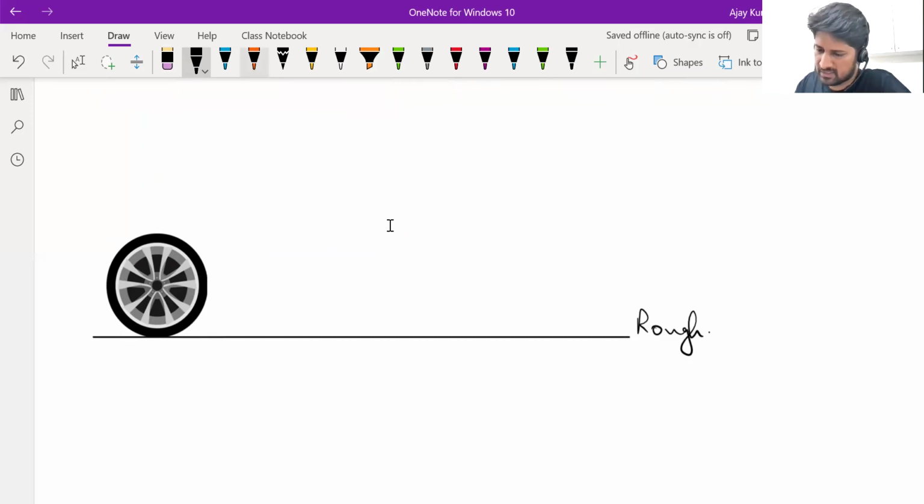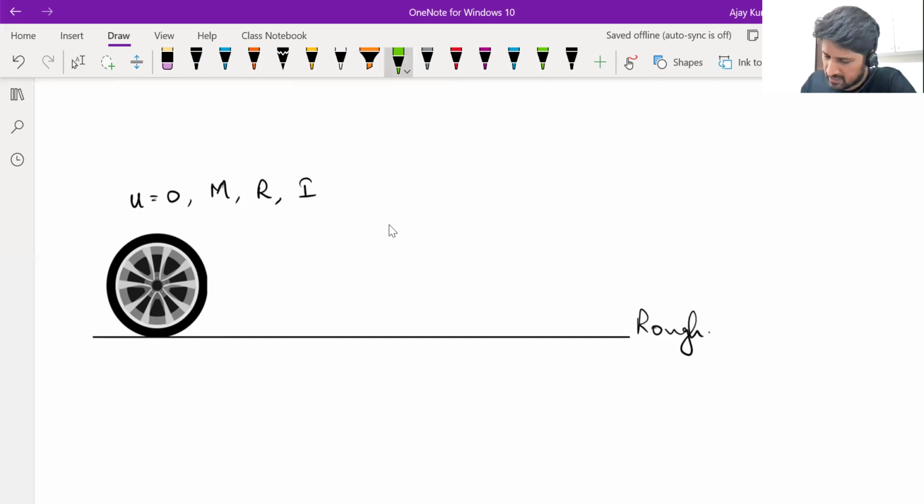Let's say this object is initially at rest. Assume its mass is m, radius is r, moment of inertia is I, about an axis passing through the center of mass perpendicular to the plane of your screen. It's at rest.